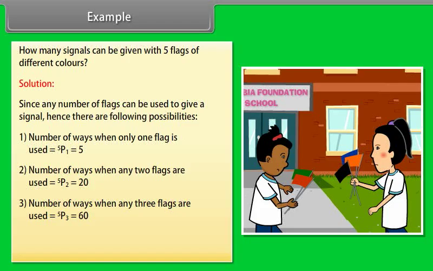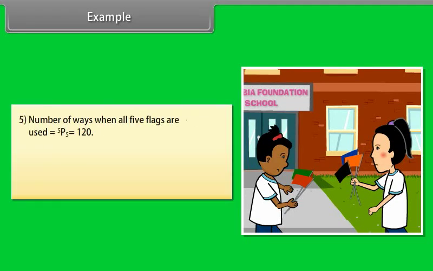Number of ways when any 3 flags are used is equal to 5P3 is equal to 60. 4. Number of ways when any 4 flags are used is equal to 5P4 is equal to 120. 5. Number of ways when all 5 flags are used is equal to 5P5 is equal to 120. The total number of signals is equal to 5 plus 20 plus 60 plus 120 plus 120 is equal to 325.